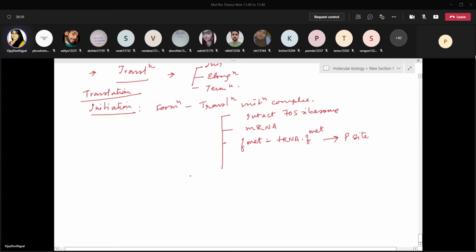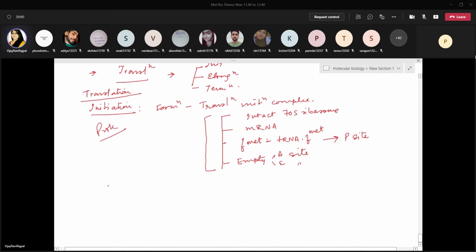So we need this, and for initiation we need an empty A and E site on the ribosome. So if this condition is met, we say translation in prokaryotes is initiated.